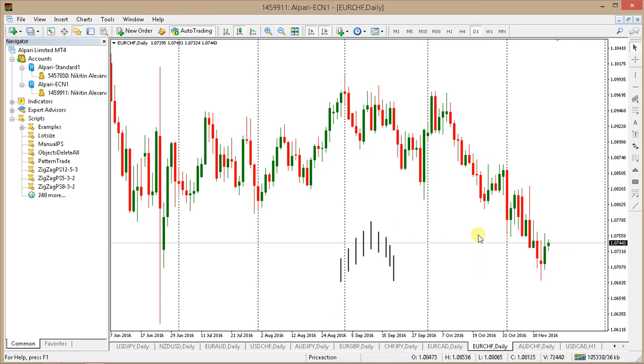So this is a significant zone, significant turning point, significant support or resistance. In the example right now, it is a resistance or a pivot or a structure or whatever you call it.